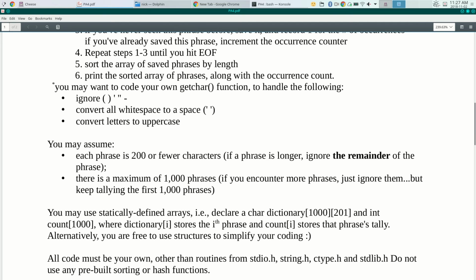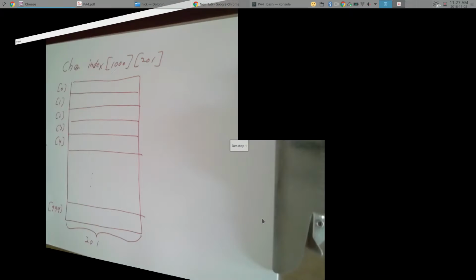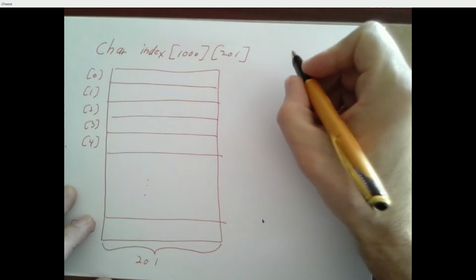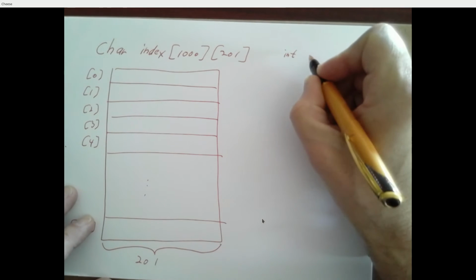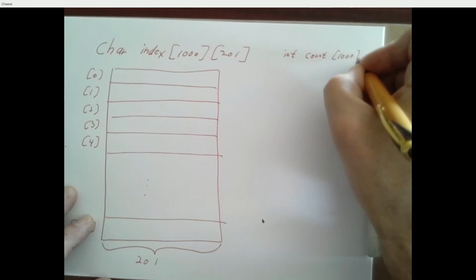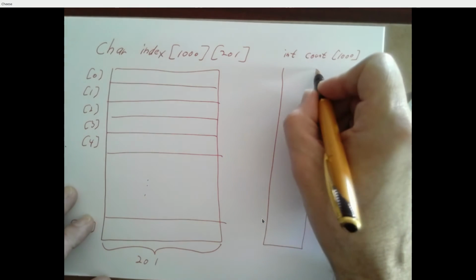So don't start using mallocs either, right? There's no need because we know exactly how big this index is. So statically defined arrays. And then how do we know how many times each of these phrases occurred? You're going to want something like a count array, which is just going to be an array of integers.